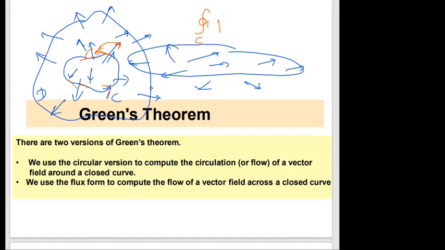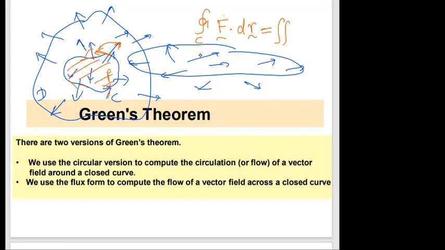Which is given by F dotted with dr. Using Green's theorem, we don't need to evaluate this line integral. Instead, we can find this double integral over this region.